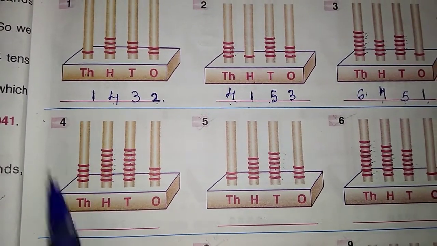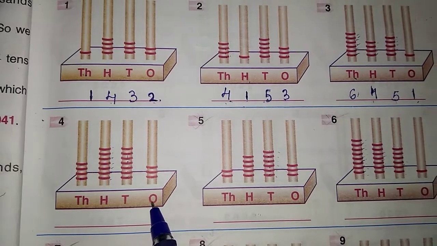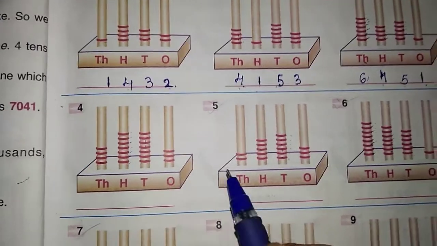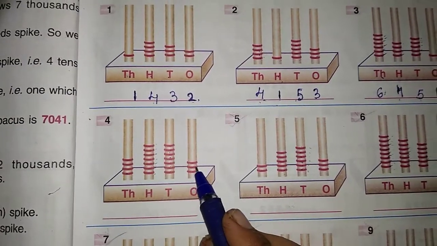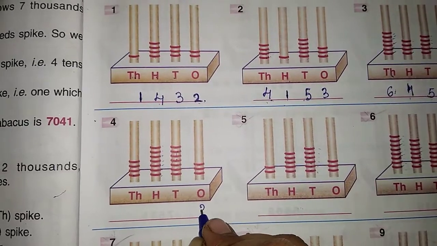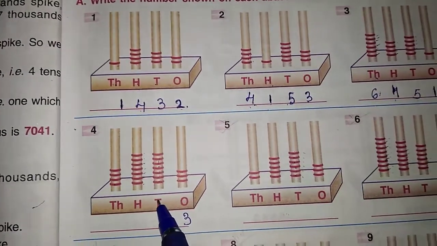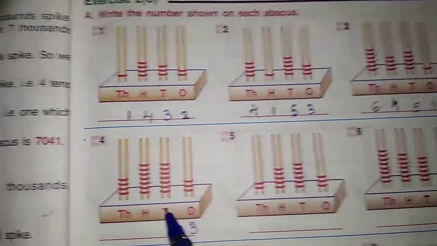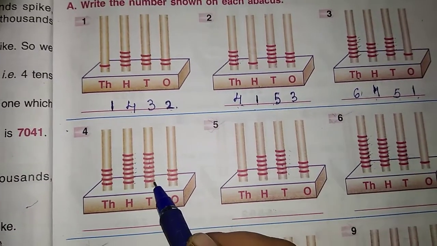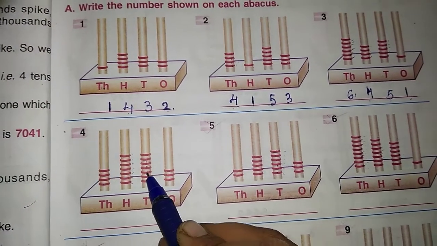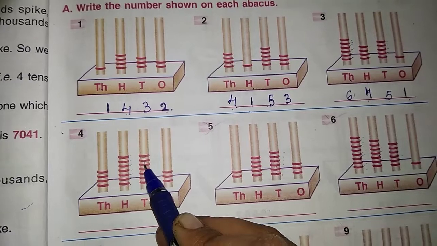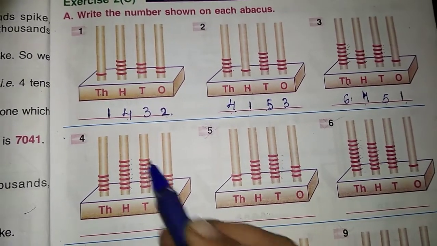Now fourth one, in a one spike, how many rings are there children? You have to count now. 1, 2, 3. 3 right here. In a 10 spike, how many rings are there children? You have to count. 1, 2, 3, 4, 5, 6, 7 rings are there.